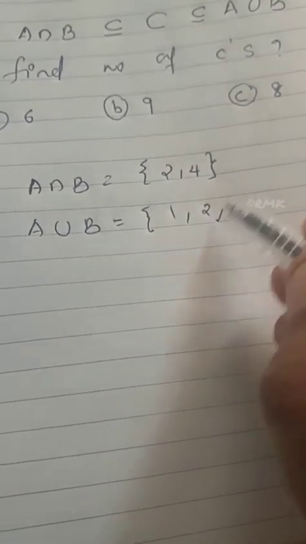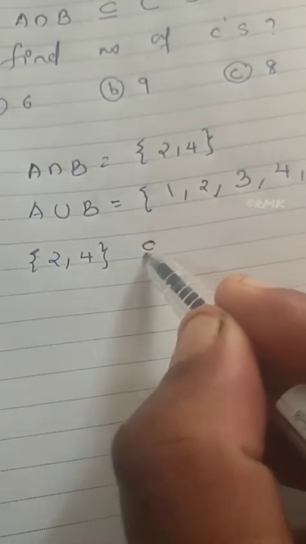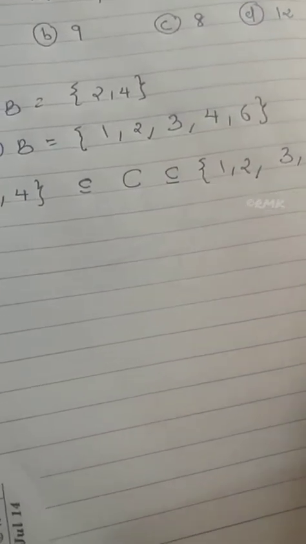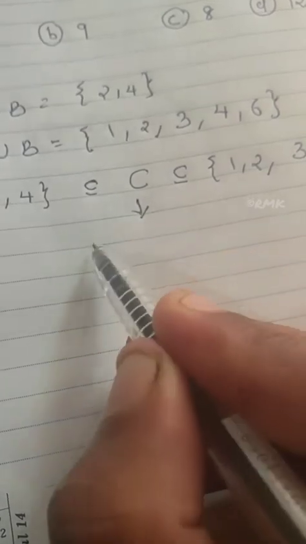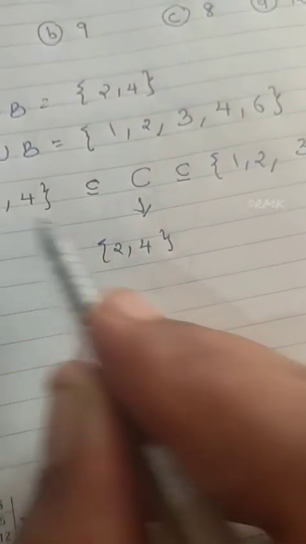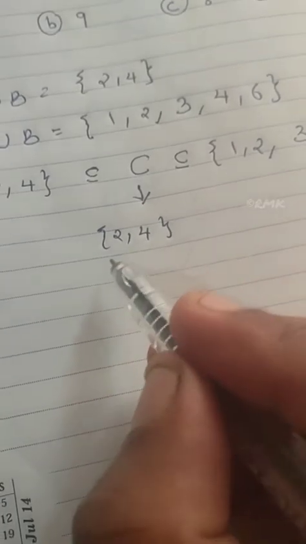And A union B is {1, 2, 3, 4, 6}. Therefore, {2, 4} is contained in C, which is contained in {1, 2, 3, 4, 6}. Therefore, the possibilities of C include {2, 4}, because a set is a subset of itself.